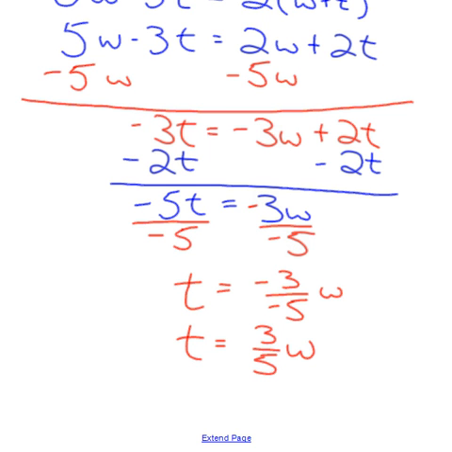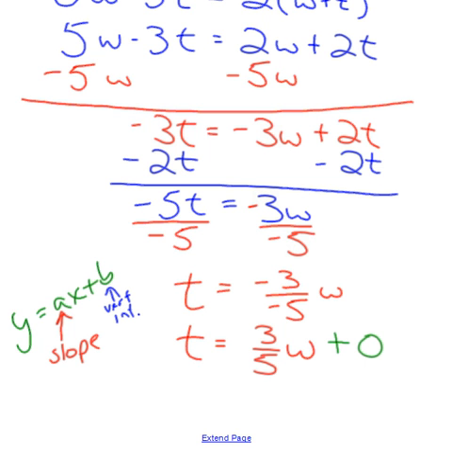Remember our task was to put this in slope-intercept form, and that is the slope-intercept form. If it helps you to think of it, remember the slope-intercept form is y equals ax plus b, where a is the slope and b is the vertical intercept.